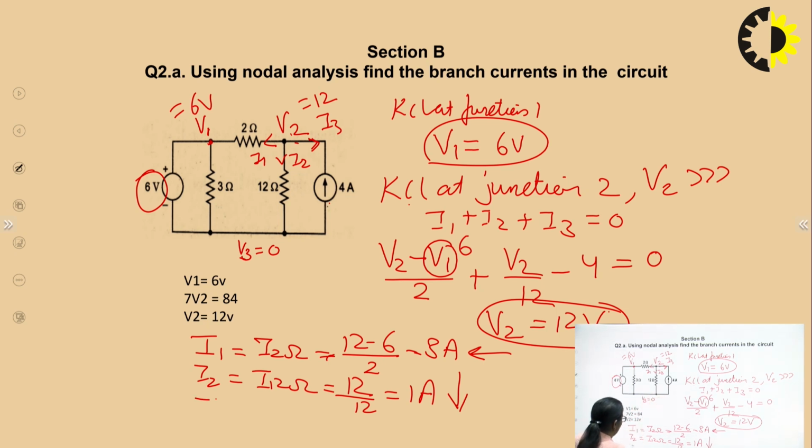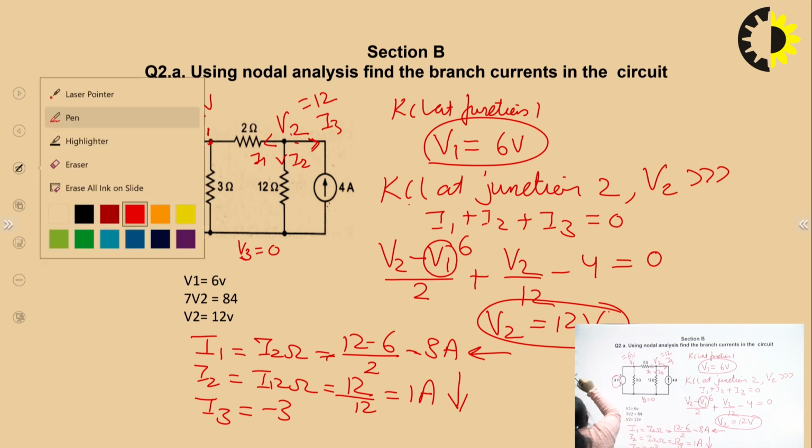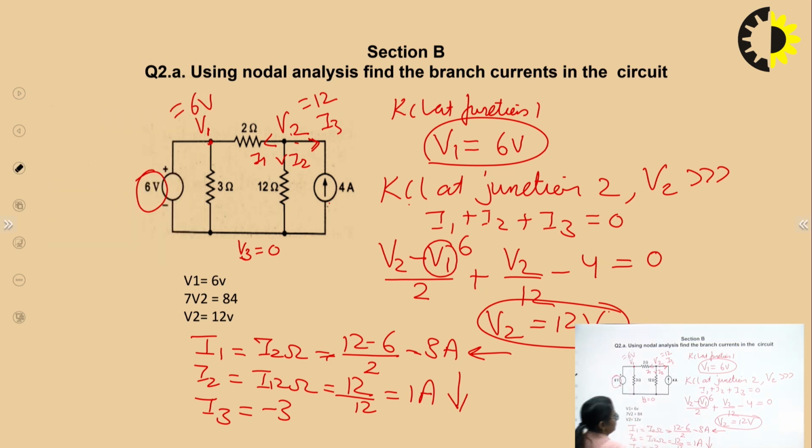I3 we know directly: the current flowing in the third branch is 4 amperes, and I should mention the direction, that the 4 amperes would be upward, okay?